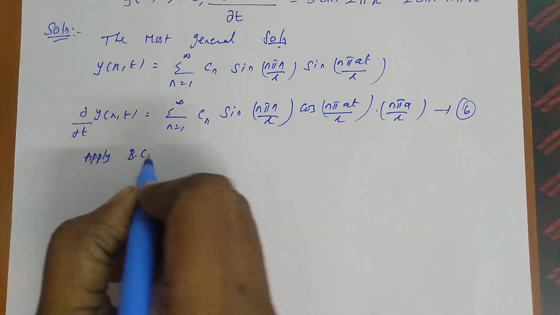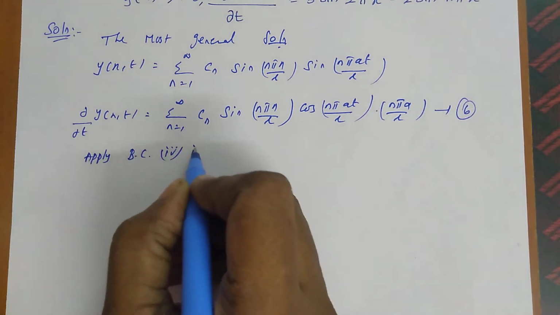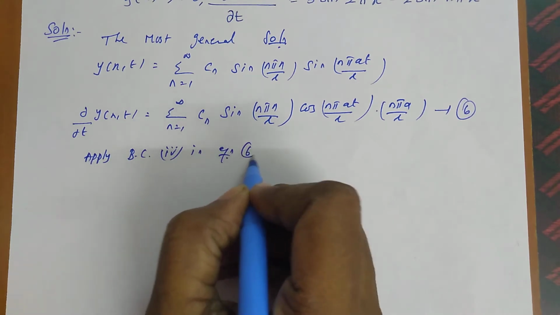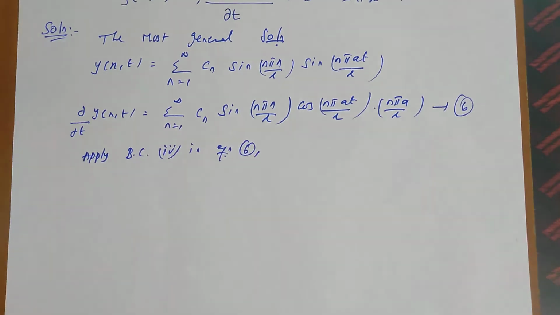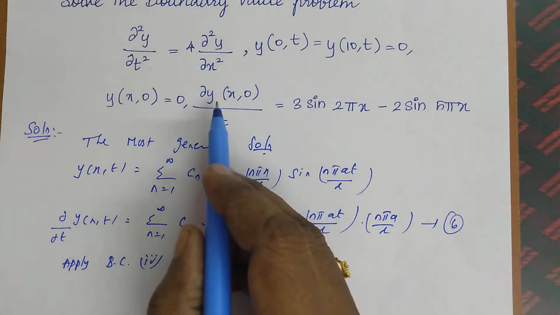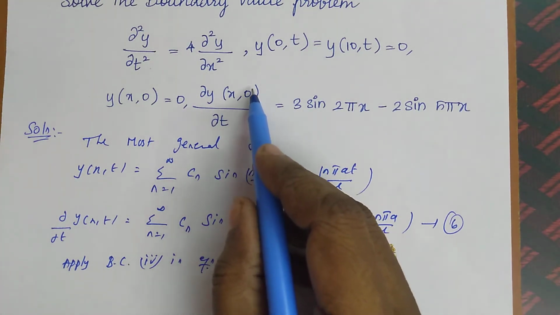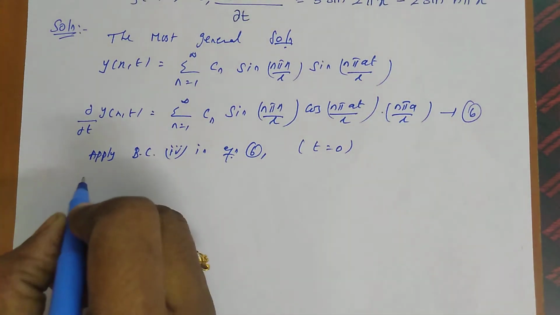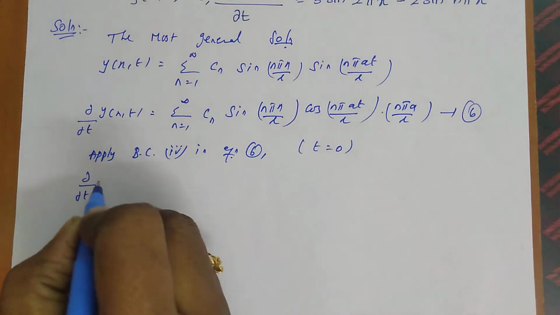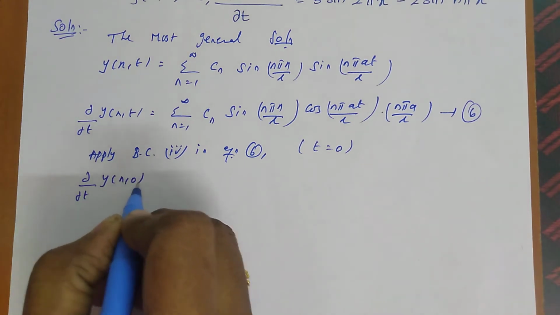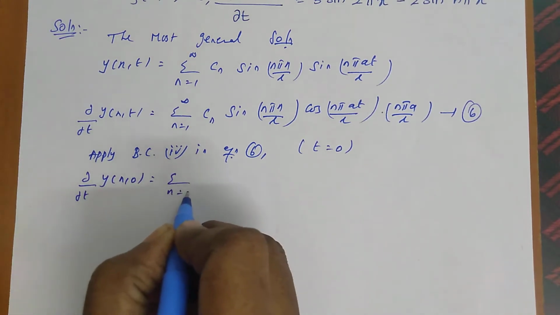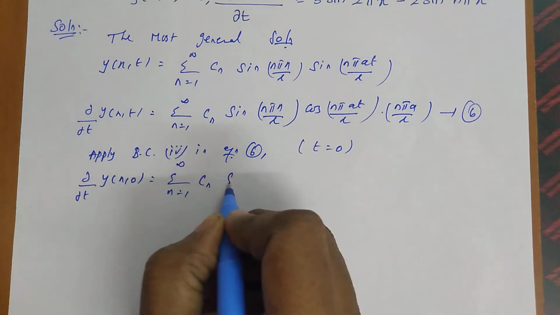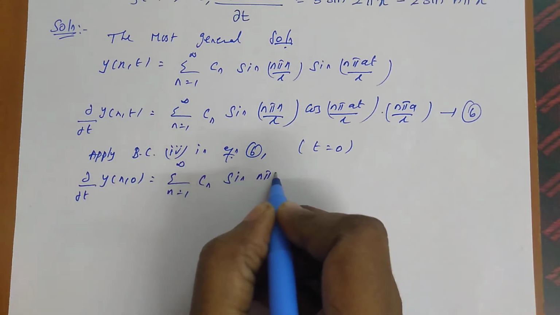Apply boundary condition 4 in equation 6. So what is our boundary condition 4? ∂/∂t of y(x,0), that means t = 0. So we have to put t = 0 in this equation. On the left hand side, ∂/∂t y(x,0) = sigma n = 1 to infinity Cn sin(nπx/L).